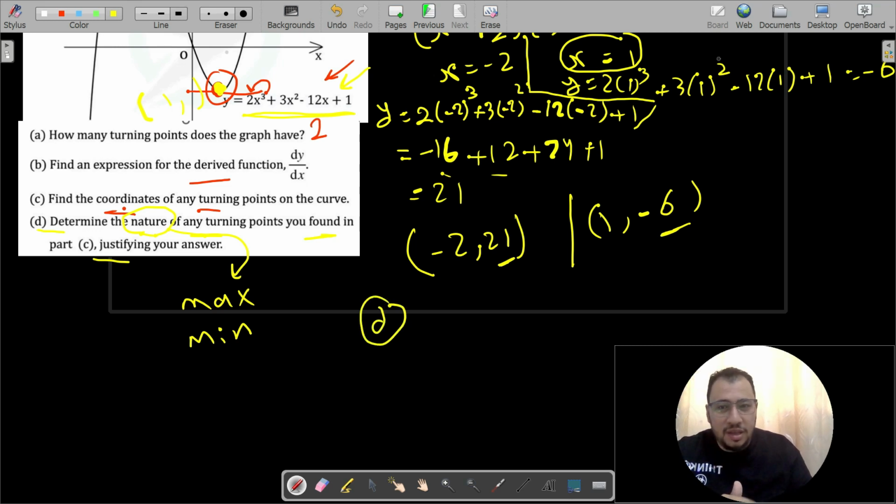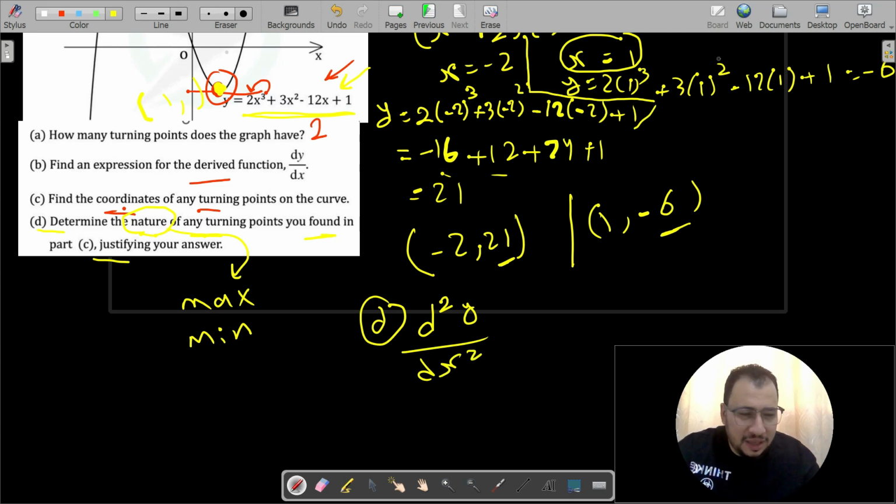To justify the nature of these points, you will have to get the second derivative. The second derivative is equal to d2y over dx squared. So, what do you mean by the second derivative?